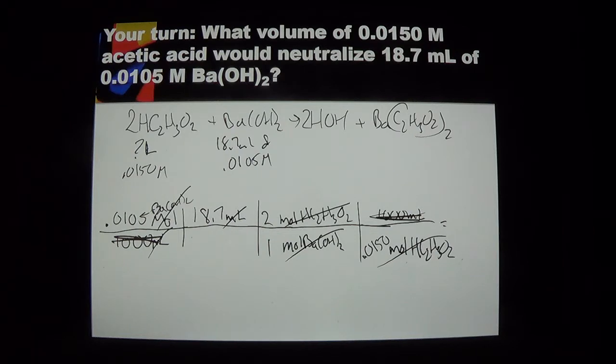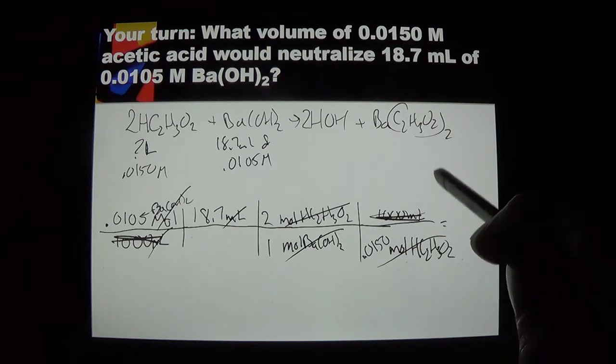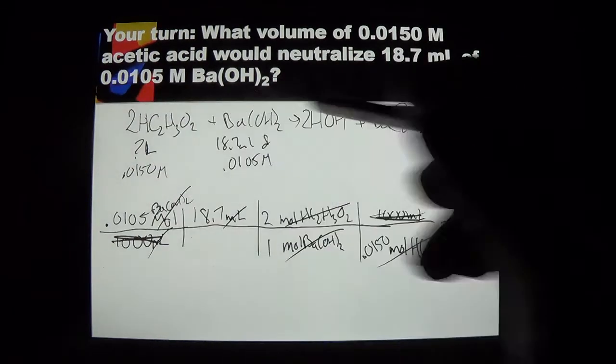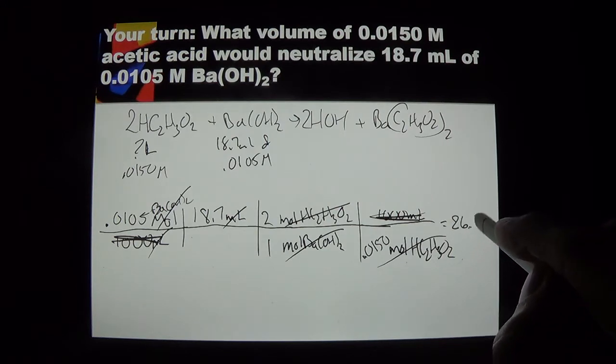I'm going to take my 0.0105 and multiply by 18.7 and multiply by 2, and don't say divide by 1 in your calculator or you're just silly. Save yourself that time. Thank you. And I'm going to divide by 0.0150, and the number I get from my calculator, and I see 3 sig digs. So let me go to 3 sig digs. I get this random number of 26.2.